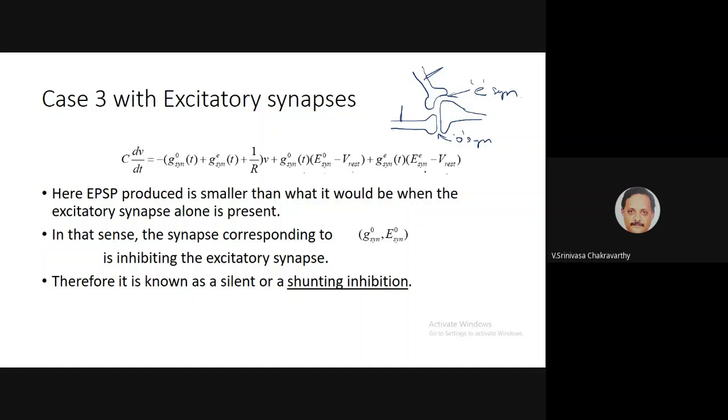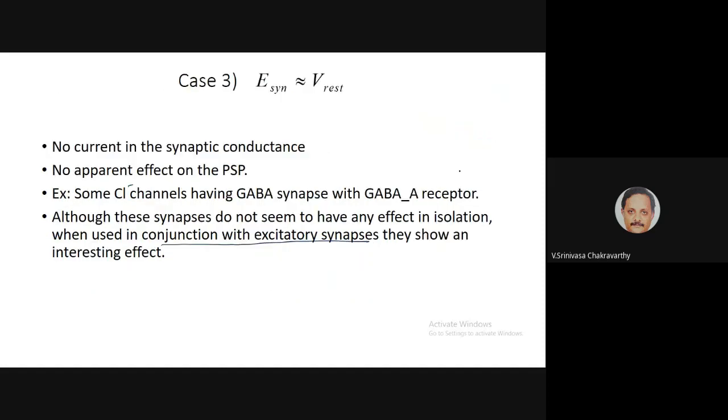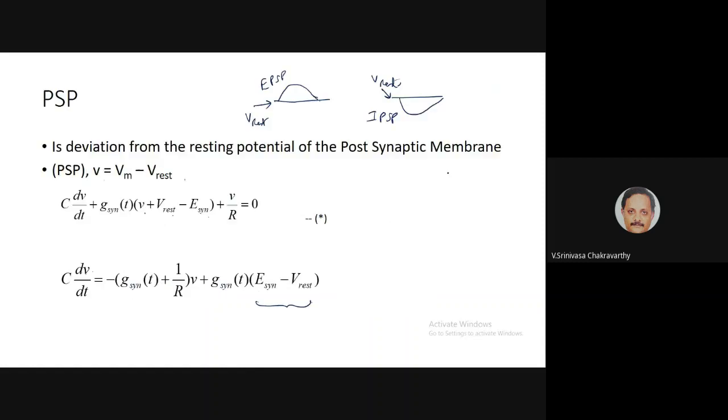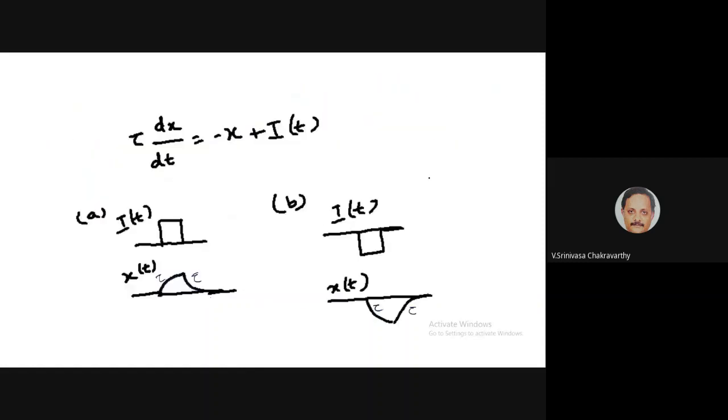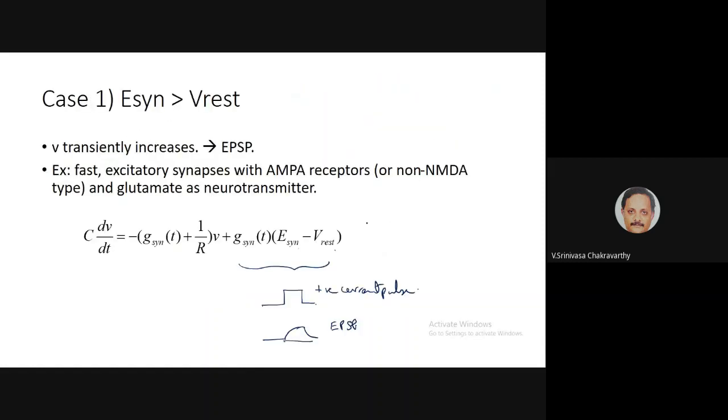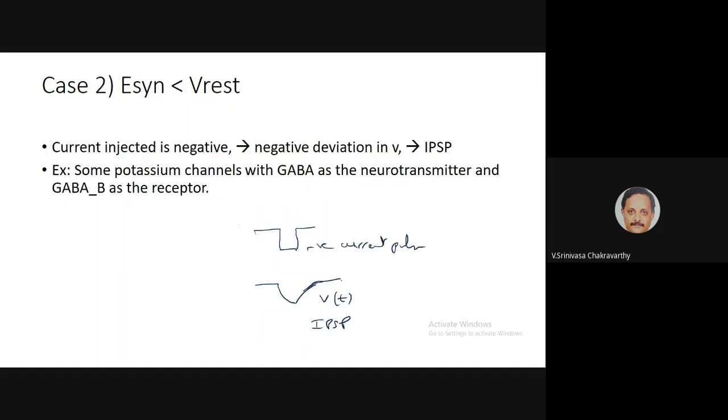Since the zero term is removed, you only have the excitatory term. Therefore, it will appear as if this equation is similar to the excitatory case, where there's only C dV/dt and then the conductance times V term, plus the input current, which is excitatory.